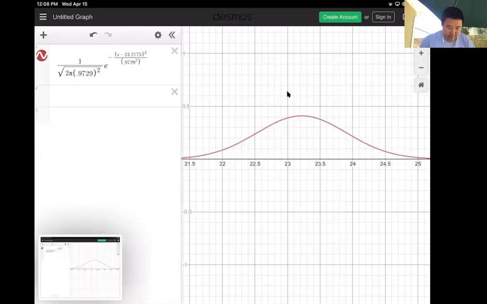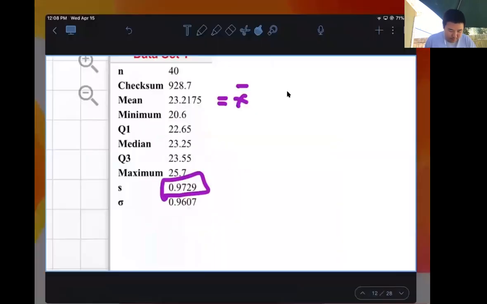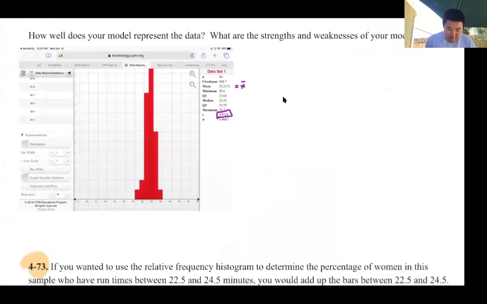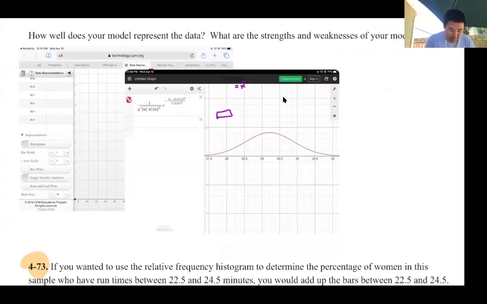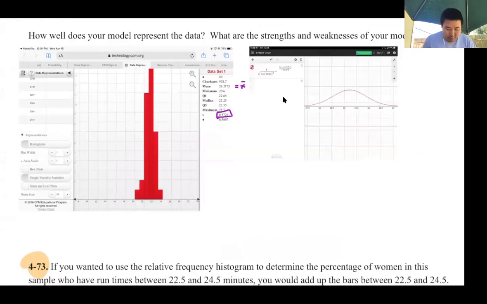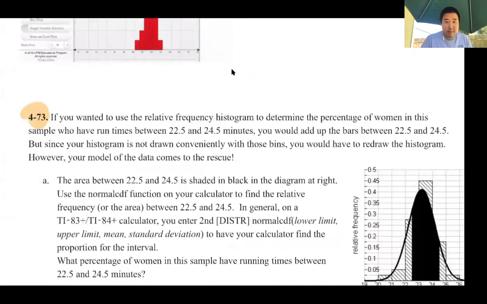All right, everyone. So here, I used the formula to type it in, and this is the normal curve. This is the normal curve, and then I'll give you the answer real quick.